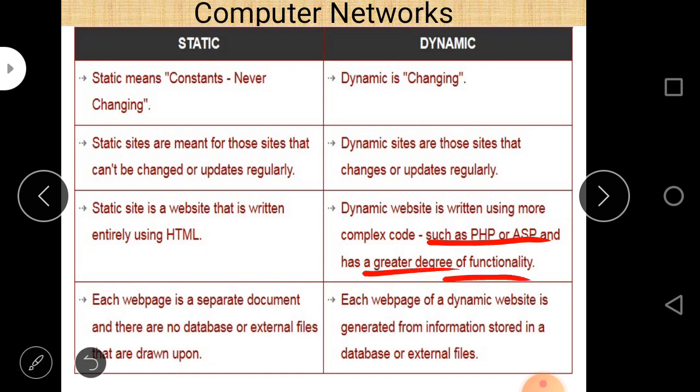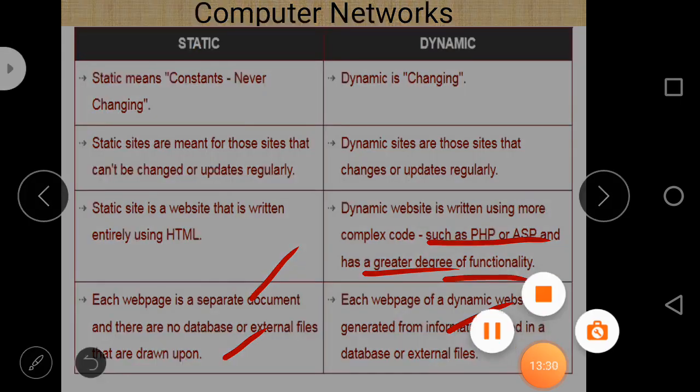In a static site, each web page is a separate document, and there is no database or external files that are drawn upon. In dynamic, each web page is generated from information stored in a database or external files. So this is the difference between a static web page and a dynamic web page.